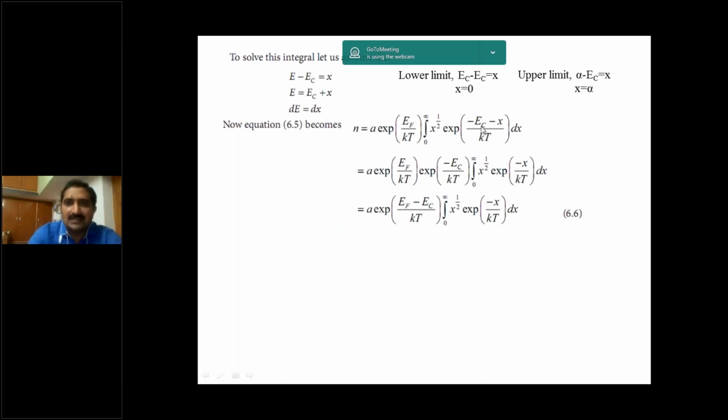Here also EC is a constant term, so we take out exponential of minus EC by KT, and the remaining term is integral 0 to infinity x power 1 by 2 exponential of minus x by KT into dx. Exponential of A into exponential of minus B can be written as exponential of (A minus B). So N is A into exponential of (EF minus EC) by KT integral 0 to infinity x power 1 by 2 exponential of minus x by KT into dx.